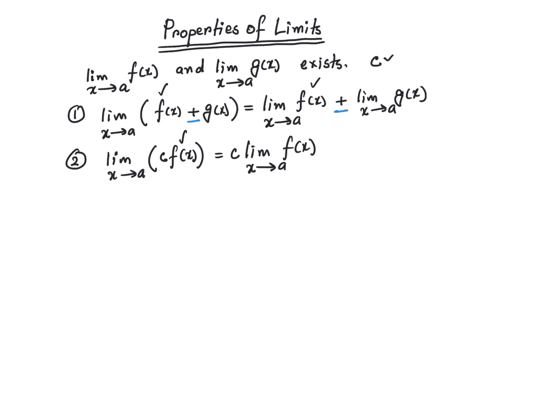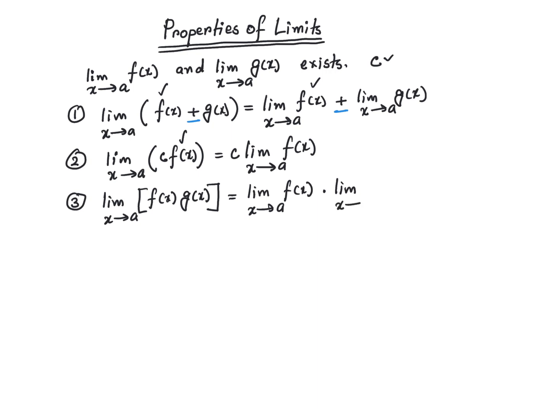Now let's talk about the third rule that involves product. Limit x approaches a, you have two functions, f of x and g of x. You multiply them and take the limit of this product, which, by the way, is going to be limit x approaches a, f of x times the limit x approaches a, g of x.